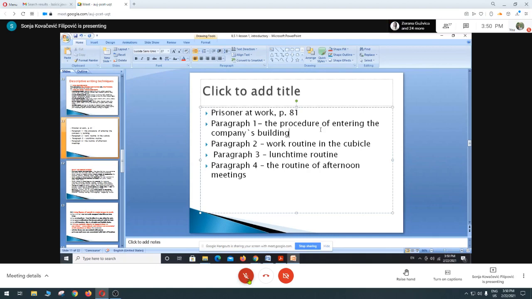Now, the second paragraph. The main topic is, as I would say, work routine in the cubicle, right? The topic sentence should be the first one: my work day has become something that will follow the same routine as every other day. And we have a description of it.